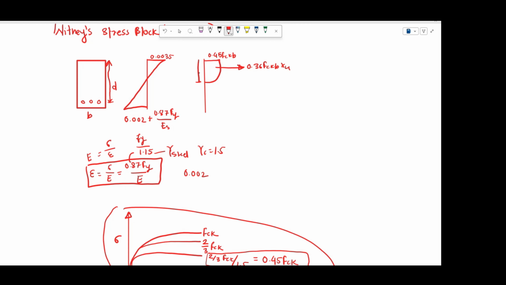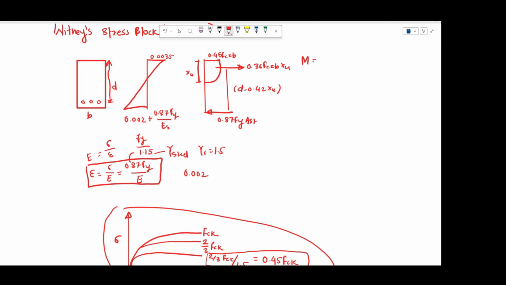This is your xu from the top. Then at the level of reinforcing steel, please assume this particular force. This will come out to be 0.87 fy into Ast, and the lever arm will be d minus 0.42 xu.